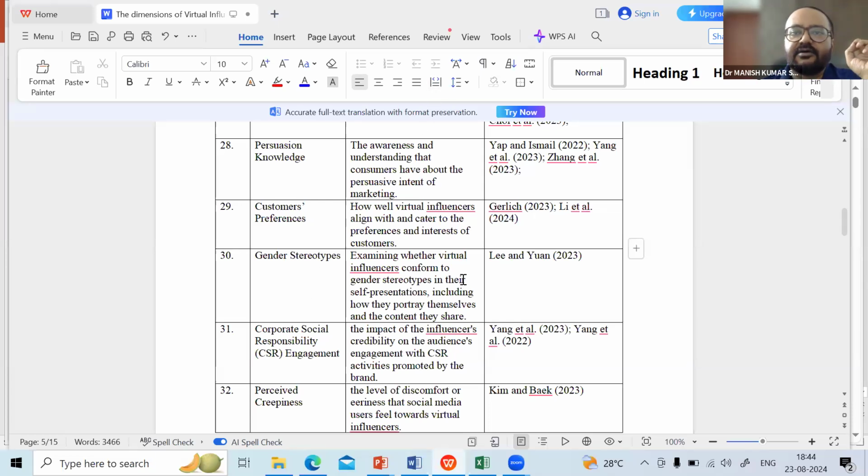Now we can start with a few more things. Say we have 10 factors, and with these 10 factors we want to find the interrelation among them, the hierarchy among them, and their impact on virtual influencer marketing: how they impact, to what level, what the leveling is, which factor is the most important and which is the least important.